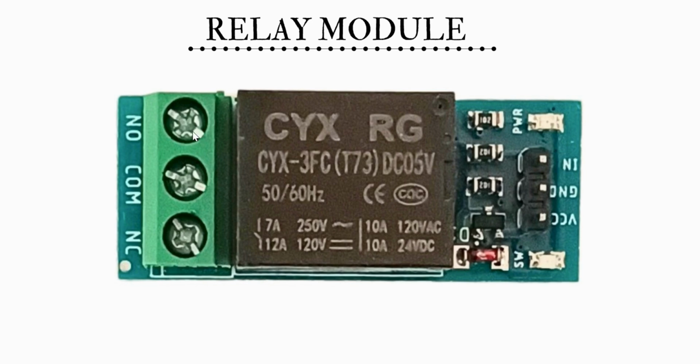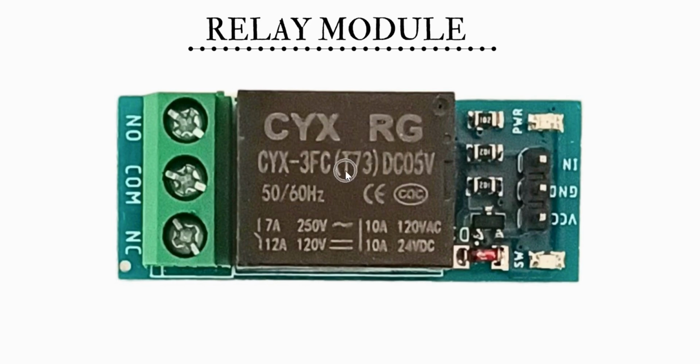So that is how this will be working. So NO is normally off and NC is normally on by default, but when you pass the electricity, it will work based on your signals.